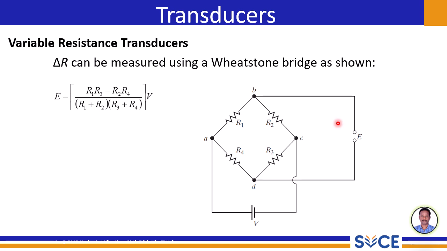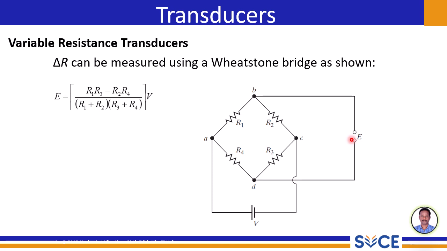It consists of 4 resistors R1, R2, R3, R4 connected in a diamond shape forming the 4 arms of a bridge. A voltage source V is applied across 2 opposite junctions. The output voltage E is measured across the other 2 opposite junctions.